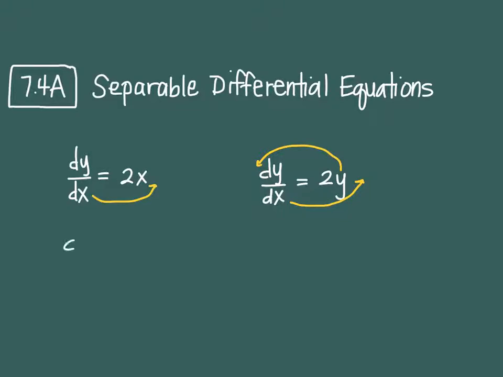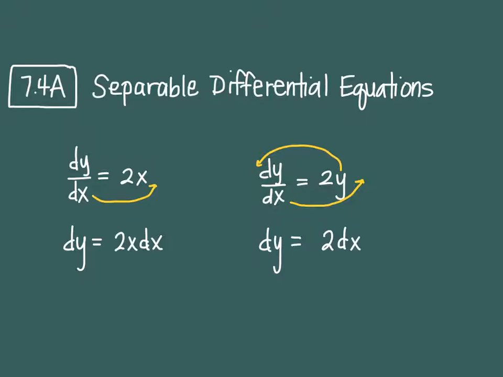So for the first one, we end up with dy equals 2x dx. We have nothing but a constant and some x's on the right-hand side. For the other one, we're going to have 2 dx, so we only have a constant with the dx. And where does the y go if we're moving it to the other side?